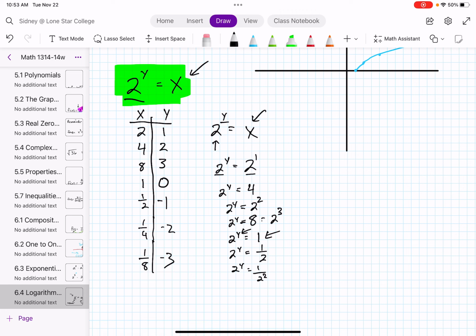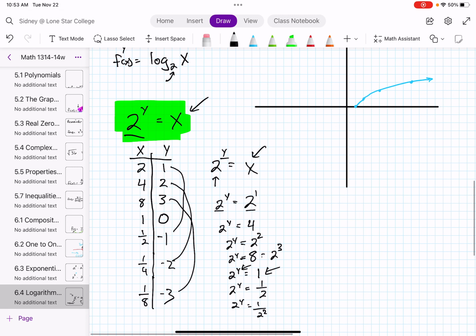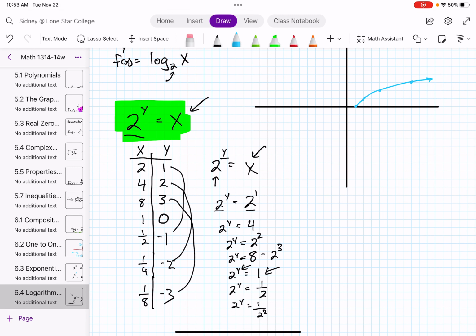Hopefully you see the symmetry. What does that look like graphically? We have x value of 1/2 and -1, 1/4 and -2, 1/8 and -3. And what you have is this curve making a nice, neat asymptote along the y-axis.